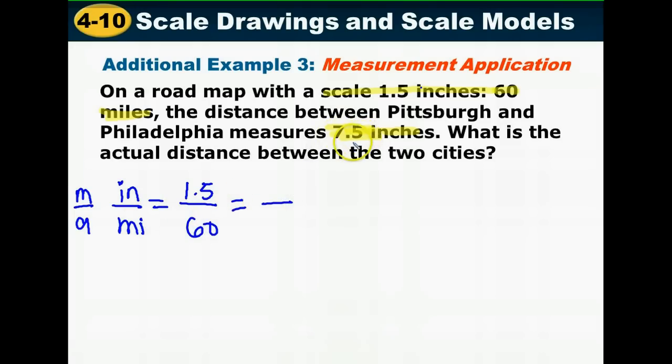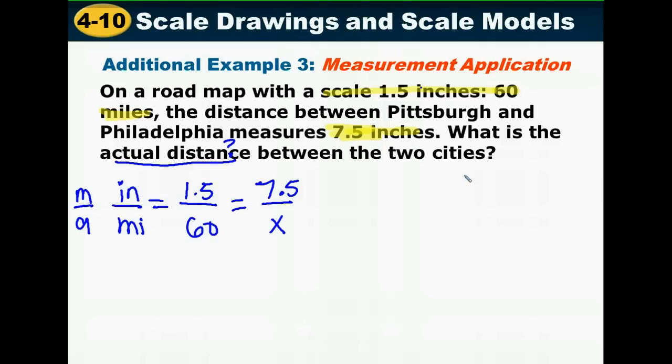All right, and then here the scale factor again is 1.5 inches to 60 miles equal to 7.5 inches. Now, where will I put 7.5 inches to set up the proportion correctly? On top. Great. I know you guys were smart. And my x will be down here because I do not know the actual distance, and that is what they want me to find. So let's go ahead and find the cross product here to find x.